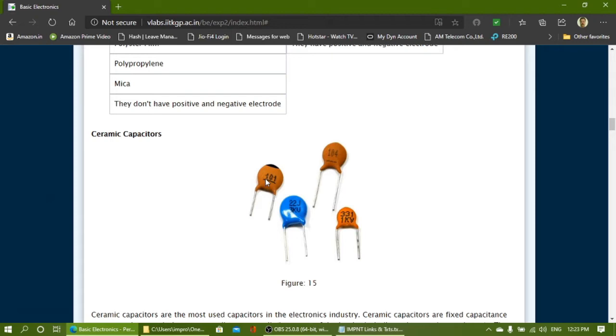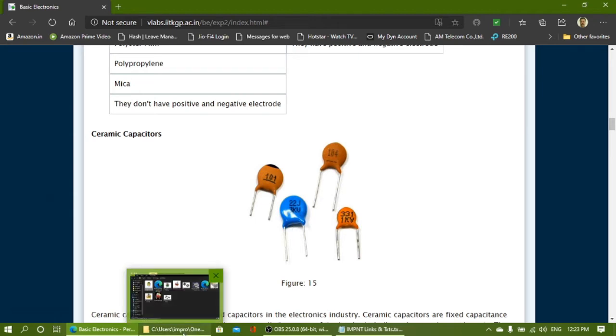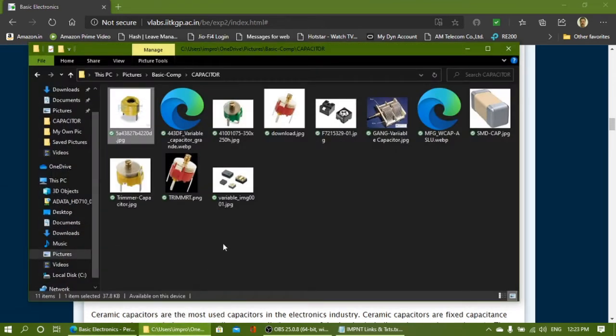Clearly you can see 101, 104, 331, 22J, different kinds of value markings. I will discuss what those mean. Before that, I would like to show you different kinds of variable capacitors also.